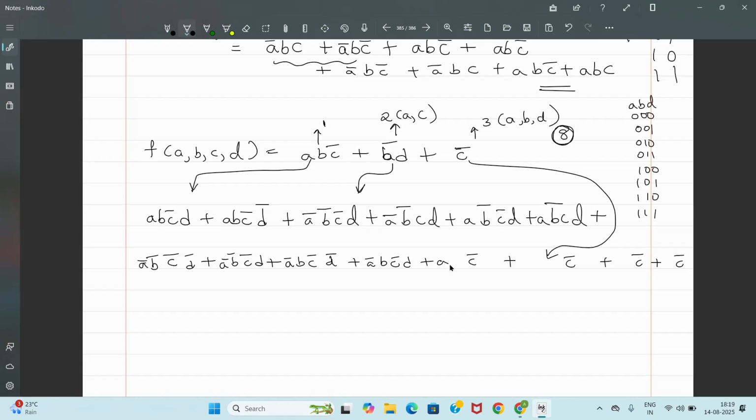Okay. Next is A, B bar, D bar, A, B bar, D, A, B, D bar, A, B, D. This is your complete form.